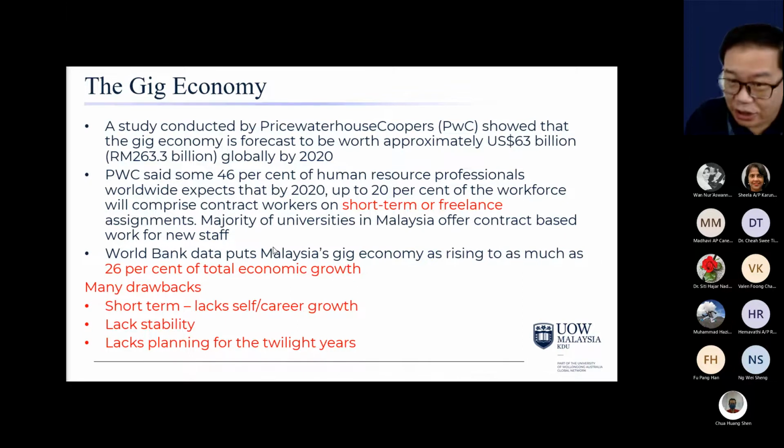Now, when we talk about the gig economy, guys, don't just think of the Grab drivers, or the foodpandas and so on. Teaching is also evolving into a gig economy, programming, designing, a lot of things. The gig economy goes into short-term aspects of delivery itself. We are traditionalists, we pride ourselves on stability.